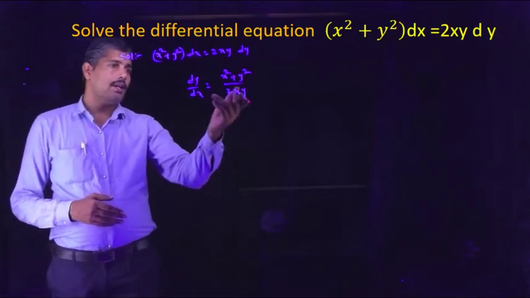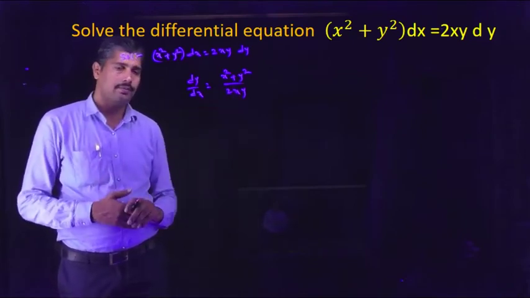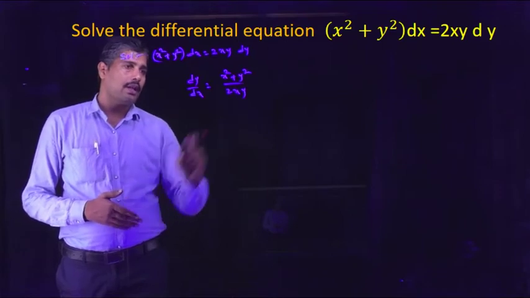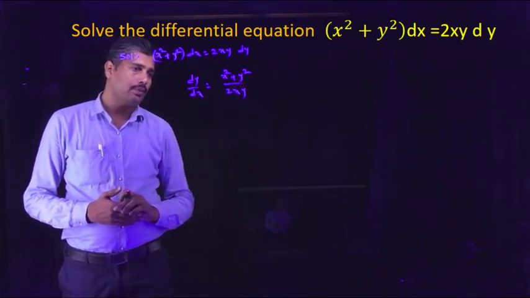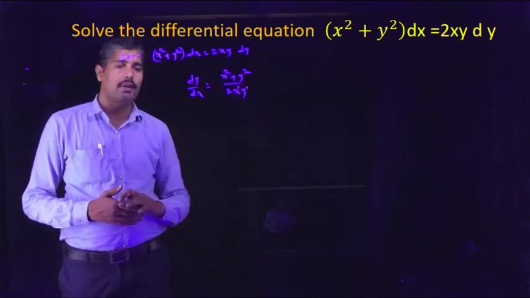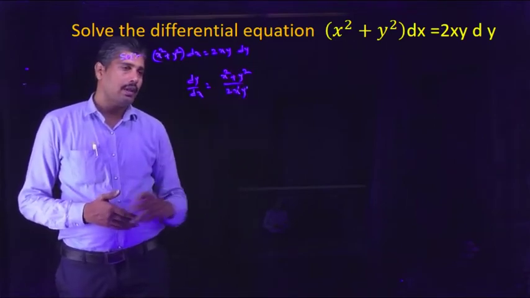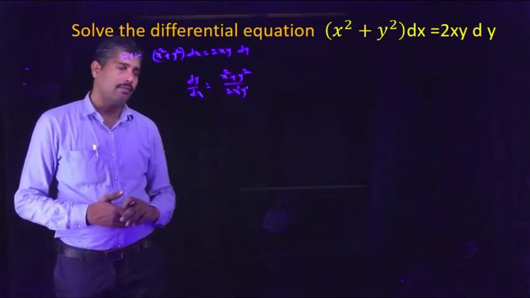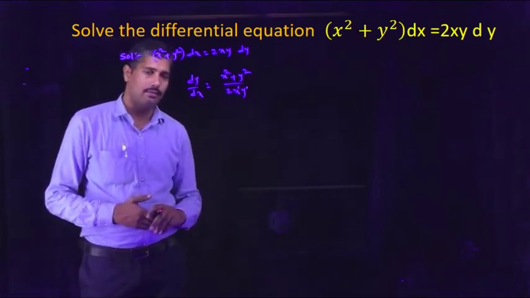Is this solved by using the homogeneous differential equation or not? First check that. In the numerator x power 2, y power 2. In the denominator also x power 1, y power 1, 1 plus 1 equal to 2. This is f of x comma y. This is g of x comma y. Definitely this is a homogeneous differential equation.